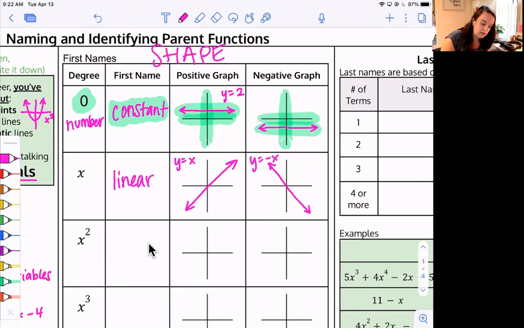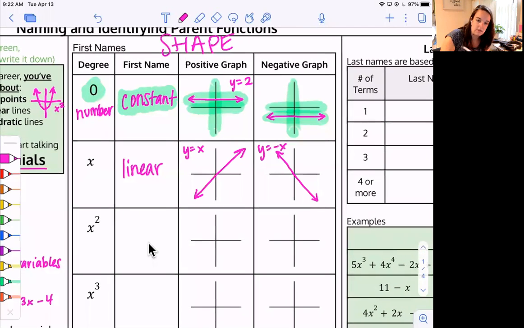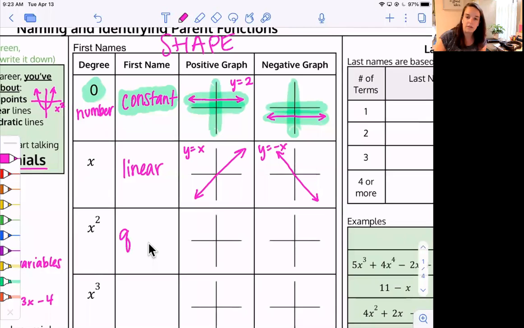Starts with a Q. Anybody got it? Yes, thank you for those direct messages. Quadratic. Absolutely. Got two of them at the same time. Appreciate you. So we have quadratics. Our x squared are our quadratics. You might hear the word parabola, but their official first name is quadratic.